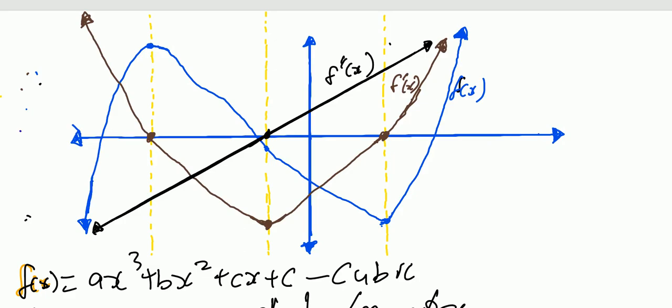After we have discussed the relationships, you will be able to draw f prime x or f double prime x when given f of x without calculating anything. You'll also be able to interpret questions like for which values of x is f of x multiplied by f prime x, because you'll be able to imagine and capture the graph of f prime x in your mind.